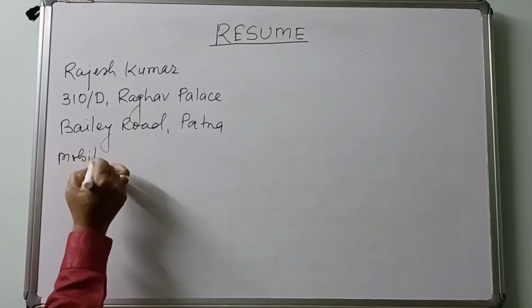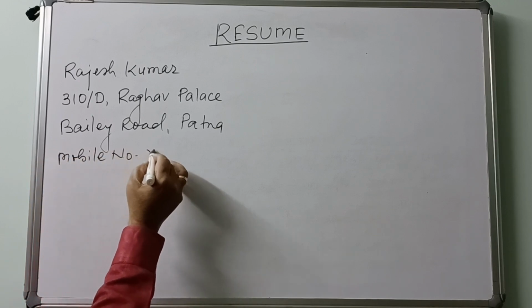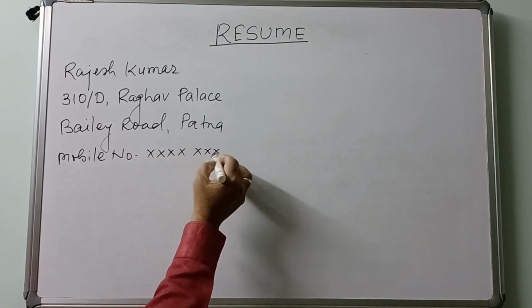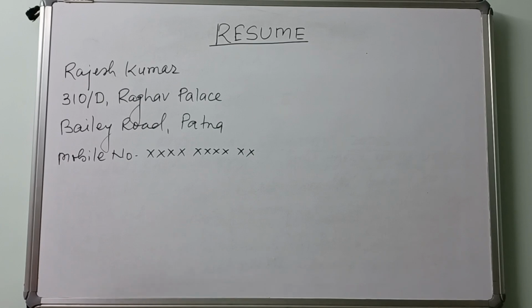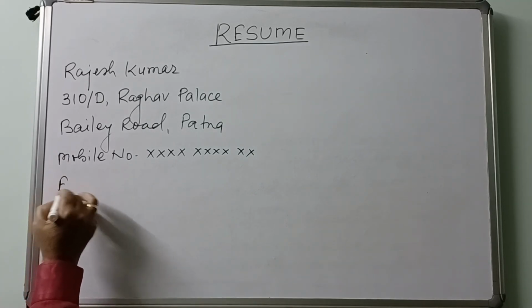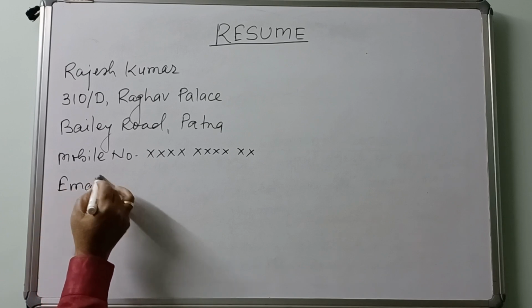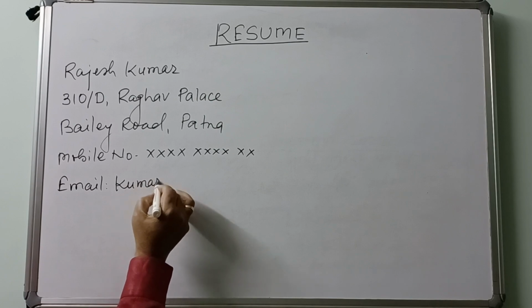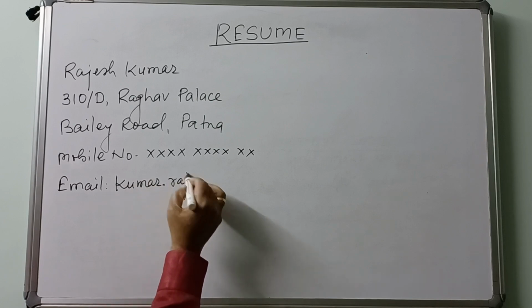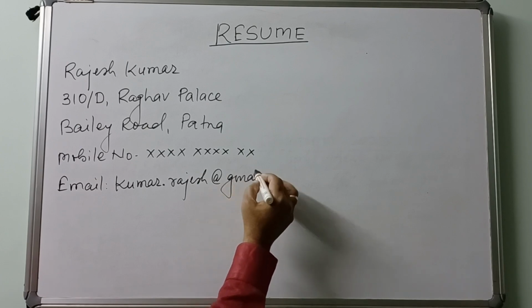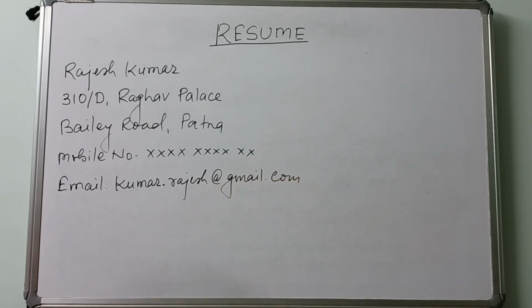That's correct. Now you can write down your mobile number, like this. Then you are going to write your email, Kumar dot rajesh@gmail.com. That's clear. Now it is up to you.